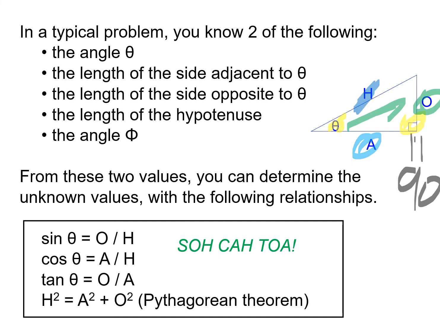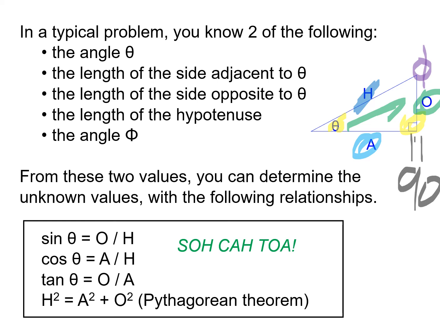Or the angle beta, this one right here. If you know two of those, you can solve this entire triangle. You can solve H, A, O, and the opposite angle. It's actually quite simple.